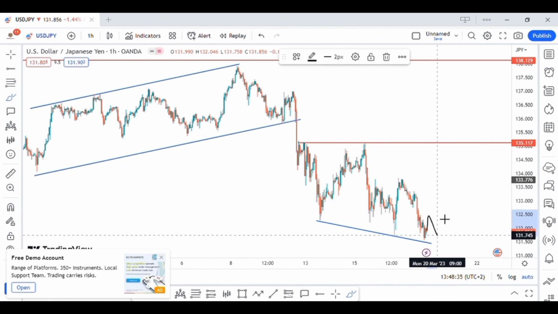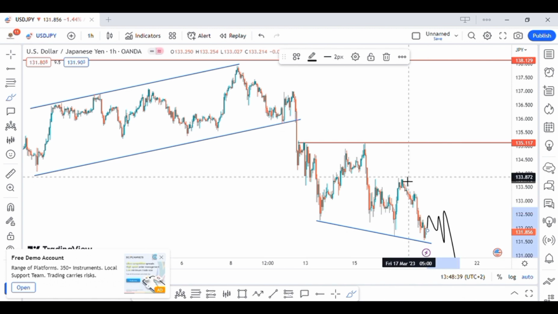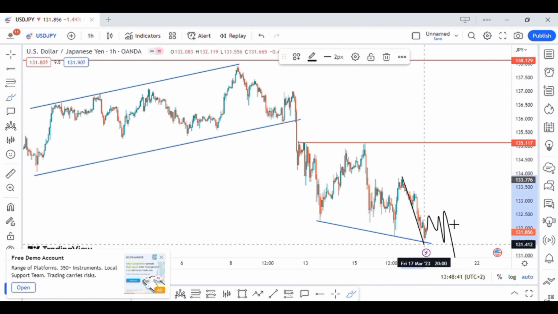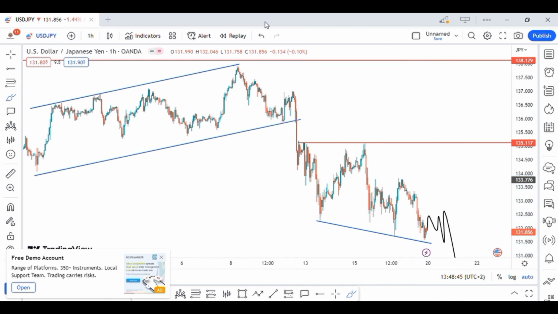But looking into the structure, you could see the market has been forming some bit of correction within that correction. Or we could just have this flag here, because we had that impulse, then we could just correct there and go to the downside.